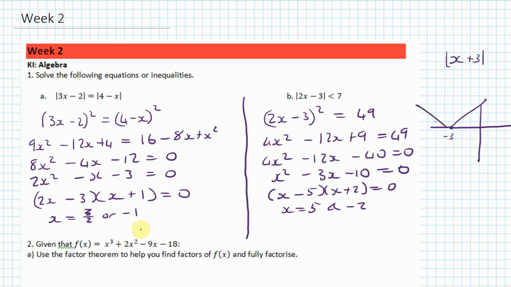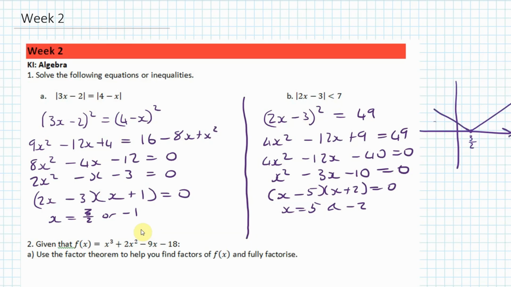That's kind of how they go. Now this one is a little bit different because we've got that 2x. So the crossing point where it meets the x-axis is at 3 over 2, or 1.5. Right, and then it goes up like this.